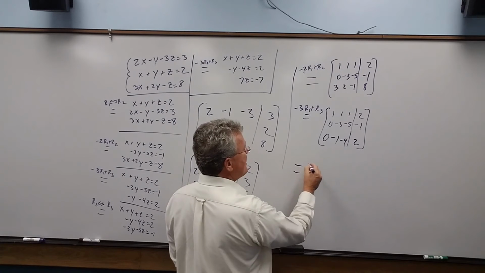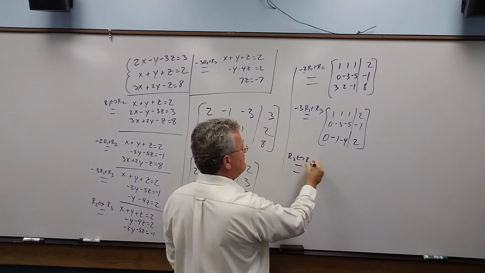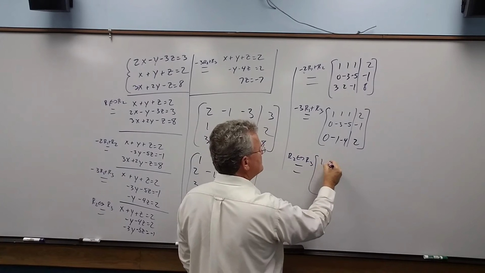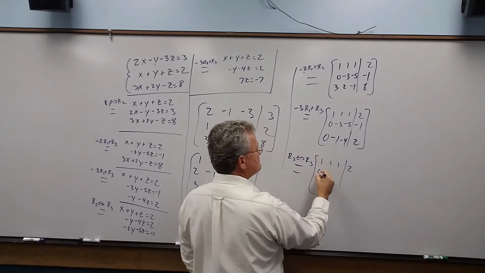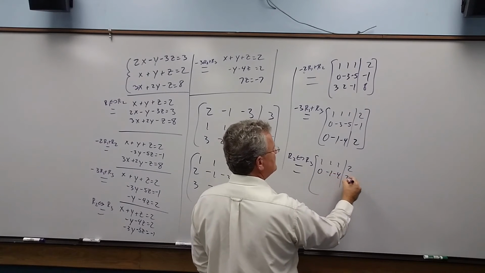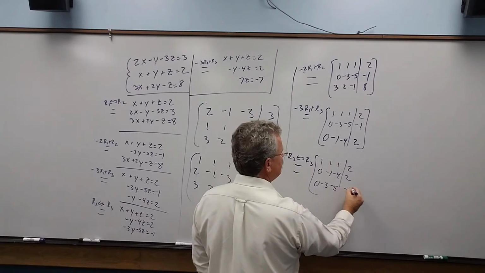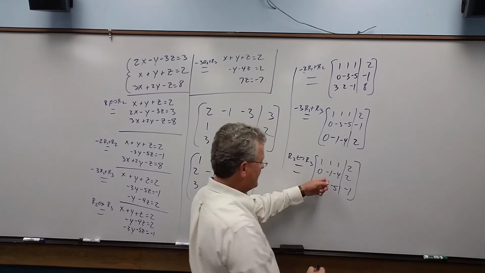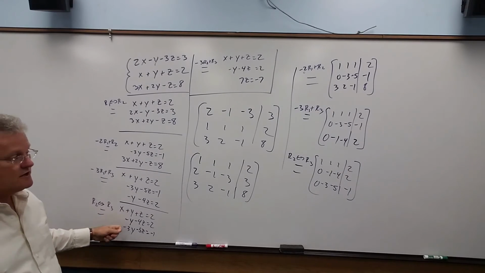So to avoid fractions, I'm going to interchange row 2 and row 3. Row 1 stays the same. Row 3 becomes row 2, and row 2 becomes row 3. Again, this matches this situation right here.